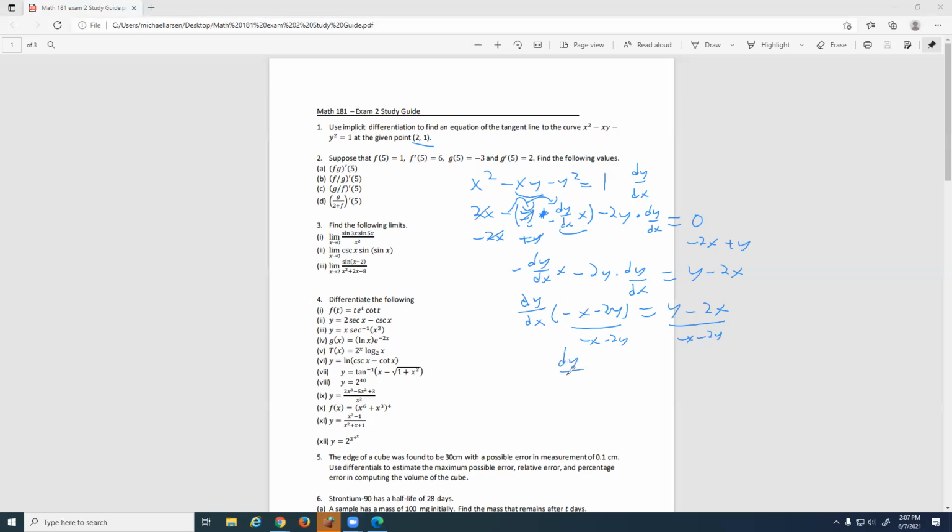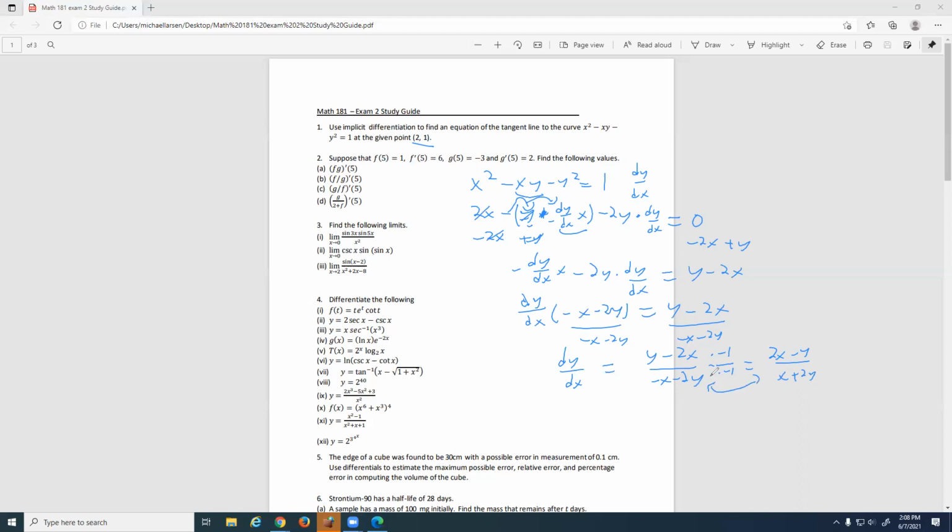So dy/dx is equal to (y minus 2x) over (minus x minus 2y). Another way you could write this, if you multiplied top and bottom by -1 to get rid of the negatives in the denominator, you could rewrite this as what would that be? 2x minus y over x plus 2y. But it's not really a big difference. These two are both going to be the same.